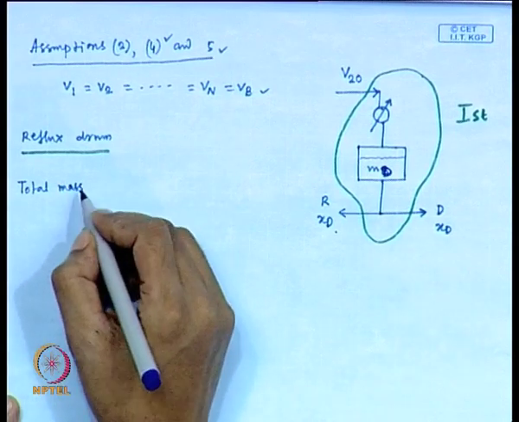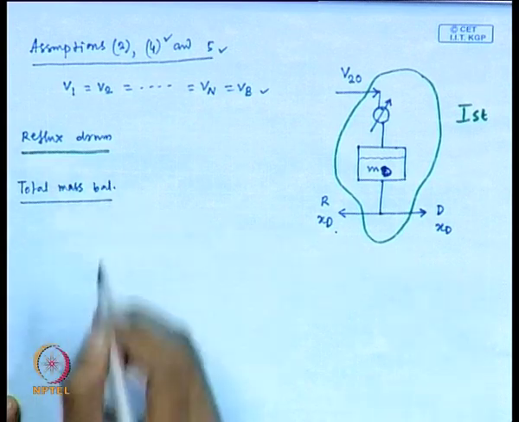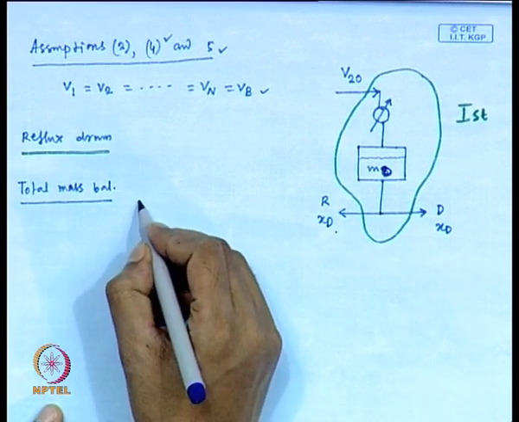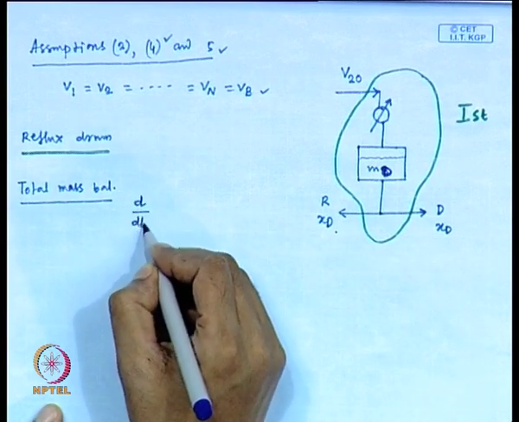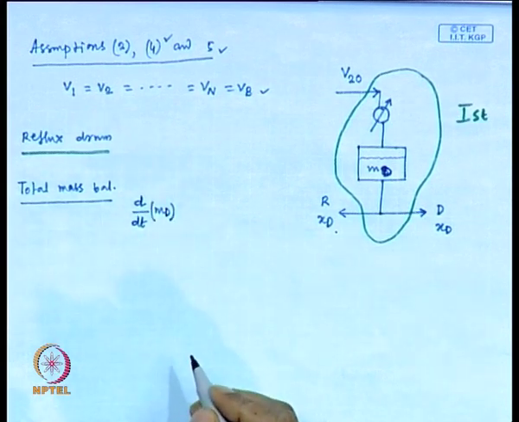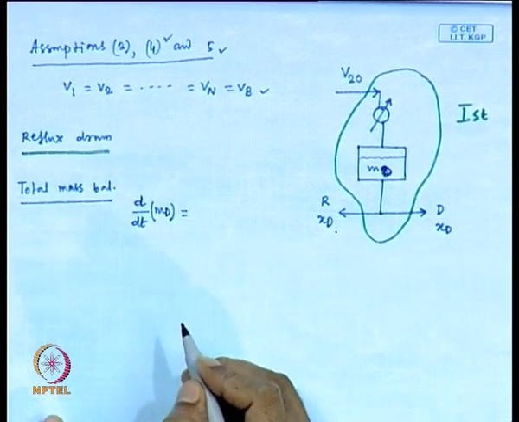We will write here the total mass balance, originally that is a mole balance, anyway we are writing total mass balance. Now, the differentiation of MD, this is the accumulation. What is the input to this envelope?